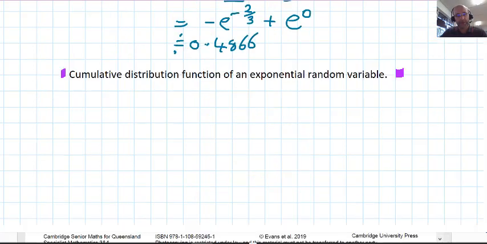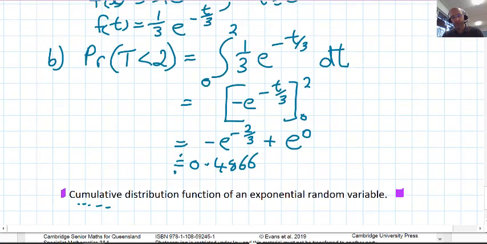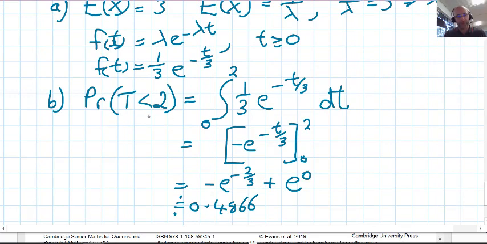Now, the example we just did links to what is described as the cumulative distribution function of an exponential random variable. The word cumulative was demonstrated in that previous question because it's everything up to 2, not including 2, but because it's a continuous function, less than or equal to 2 or less than 2 is the same.